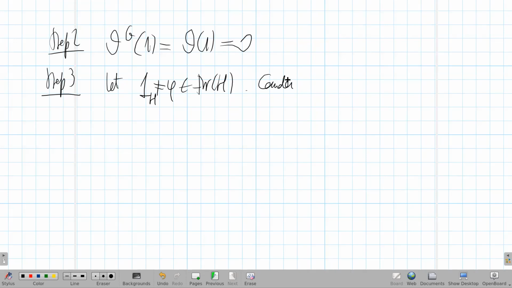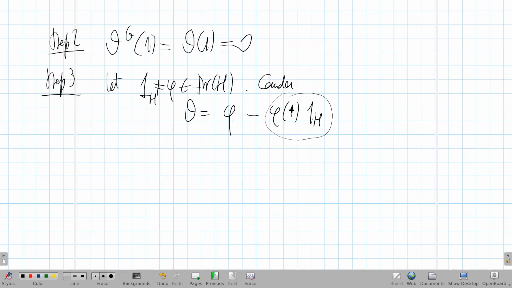We consider theta, which is the difference between phi and phi of 1 times the trivial character of H. This is an irreducible character different from 1, and this is the trivial character, the character that has always value 1. This is a character because it's the sum of the trivial representation taken phi of 1 times. So this is a difference of characters.